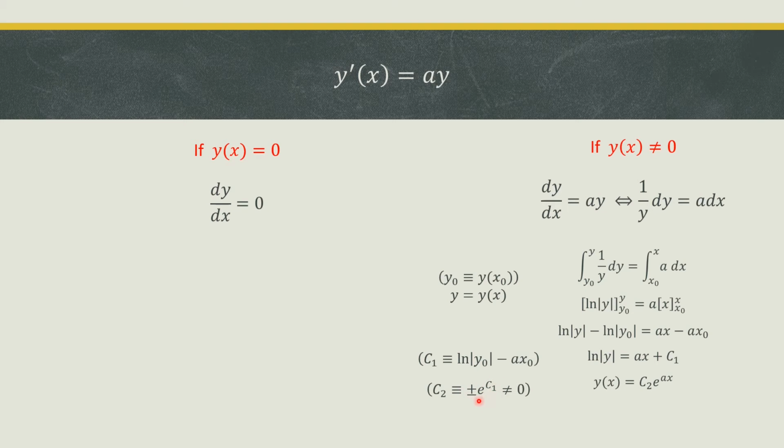So the exponential doesn't equal 0 for any value of c sub 1. And at the same time, we have the plus and minus sign here because there used to be an absolute value symbol here. So now that plus minus and the absolute value symbol are subsumed in c sub 2.